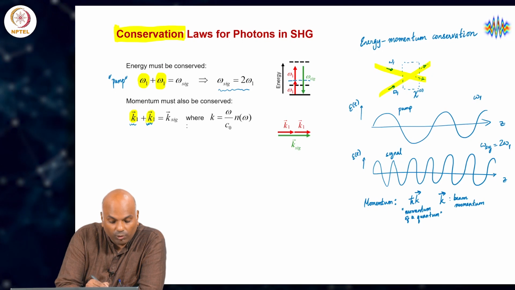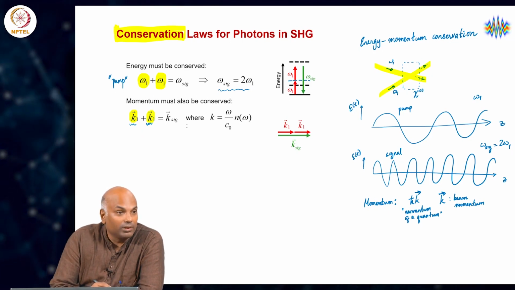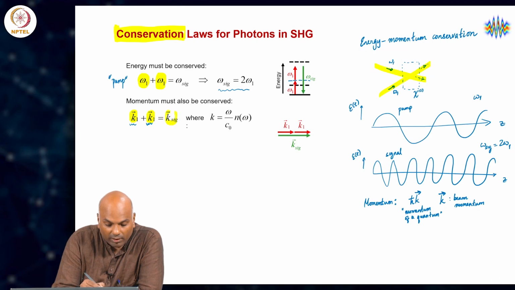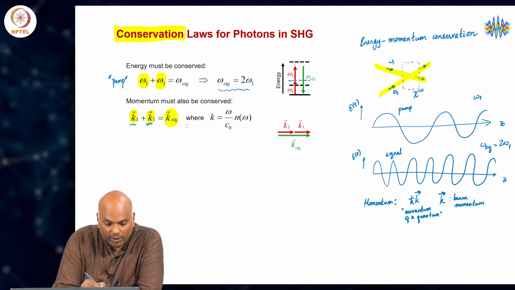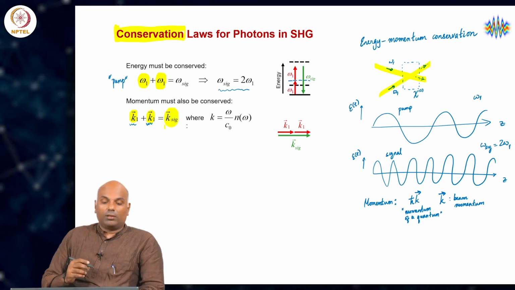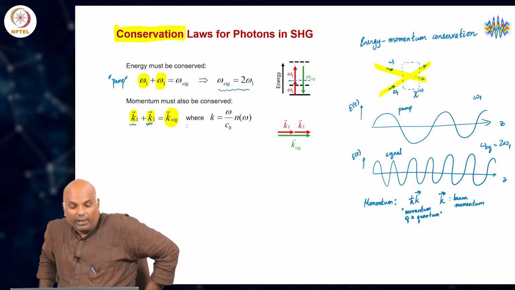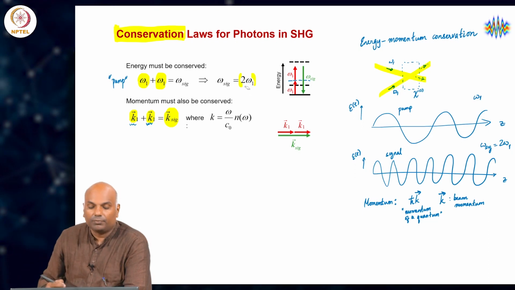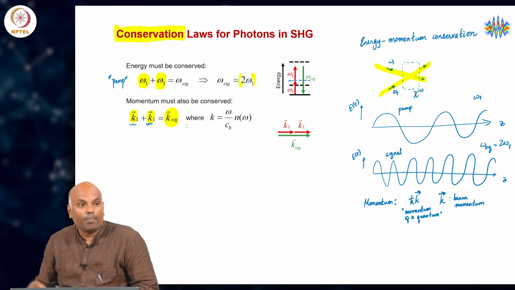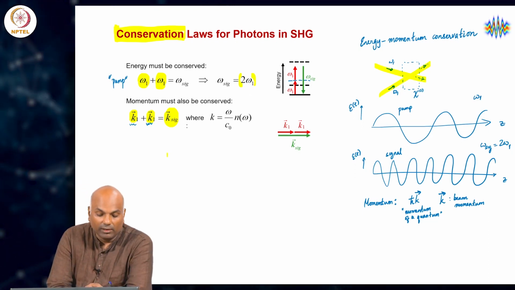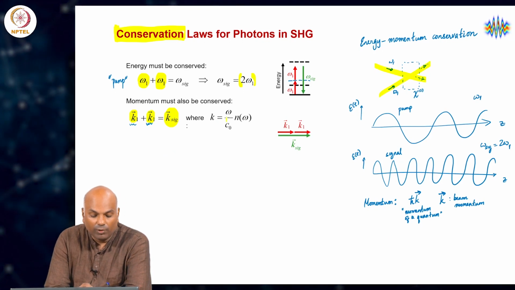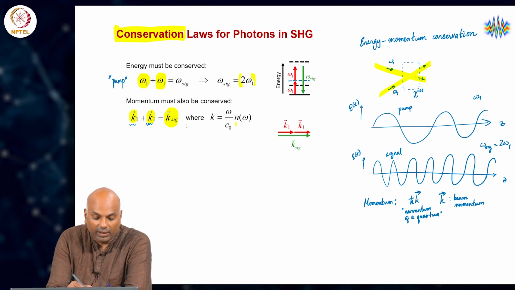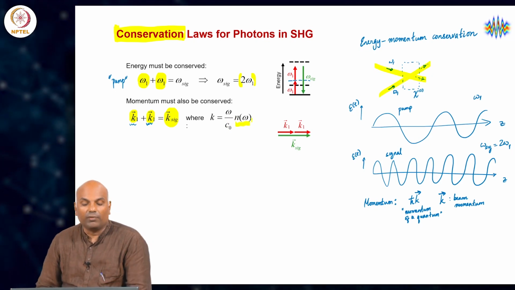So, when two k's add up here, okay, then the momentum of the signal photon, the photon with frequency omega signal, which is the same as 2 omega, should be k signal, where k of course is omega by c naught multiplied by the refractive index of the medium at the corresponding frequency.